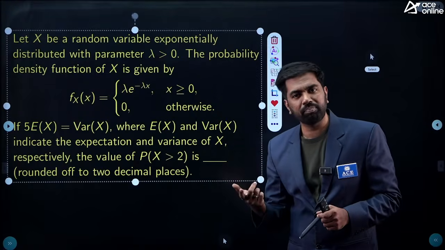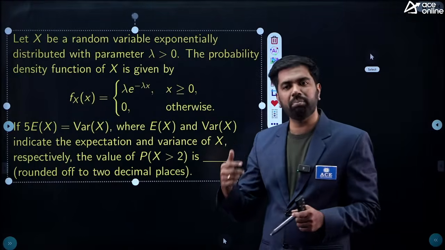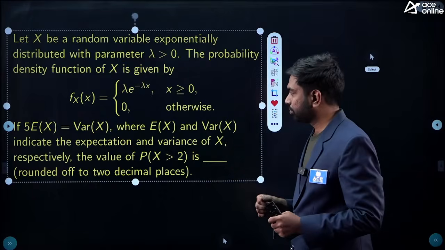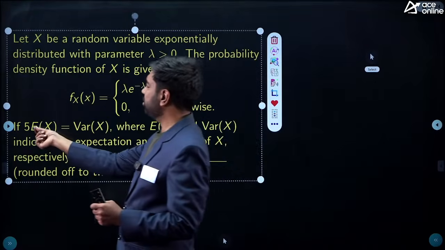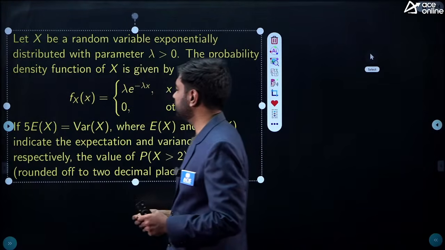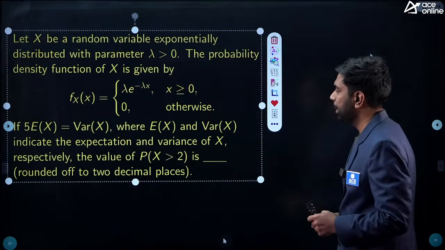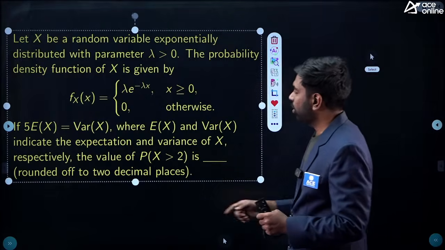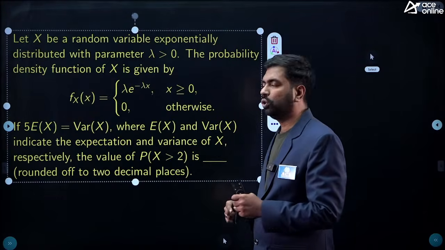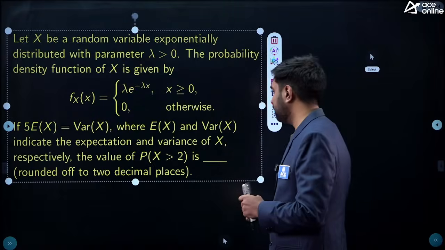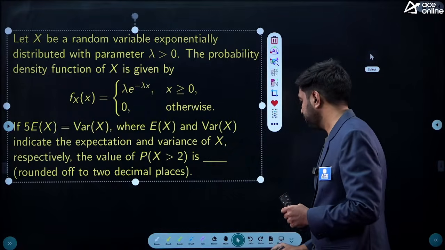Do you know its mean? Yes, 1 by lambda. Do you know its variance? 1 by lambda square. They give a condition 5 into expectation of x is equal to variance of x, and then they want the probability of x greater than 2. So they want this value rounded off to 2 decimals.